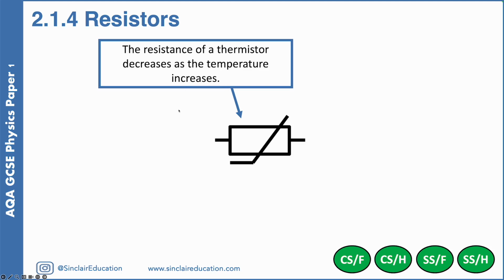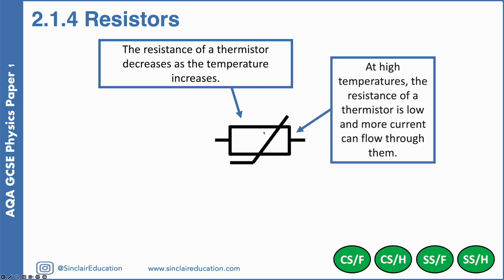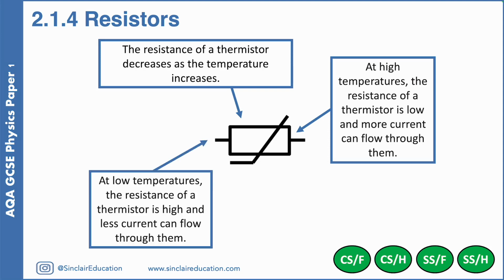So if temperature does one thing, the resistance does the opposite. So at really high temperatures, the resistance is low, and so we'll have more current flowing through that component. So at low temperatures, resistance is high, while at high temperatures, the resistance is low.